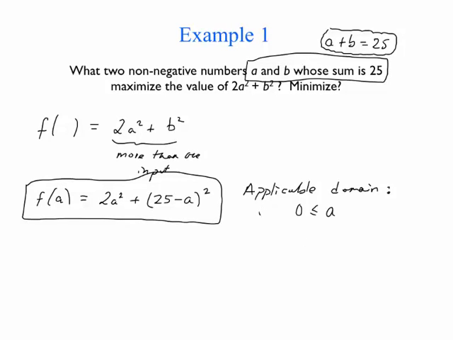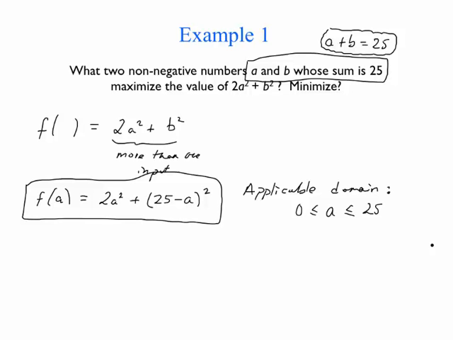And what's the highest value of A that we could have? The highest value of A is when B is the lowest, right? So B could be as low as 0 also. That would make A 25. All right, so we got it. We got our function that we're trying to maximize or minimize, the output, and then we got the applicable domain.